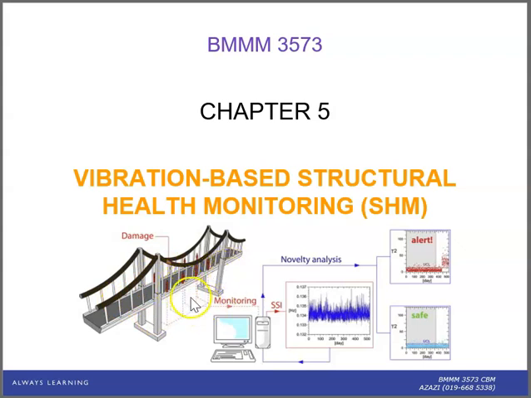So there is a sensor installed in this bridge, and it is connected to the DAQ and through the computer, a specific algorithm analyzes the condition of the rope, whether it is in a safe condition or in an alert condition. So if it is in alert condition, it will notify the local authority either to do the repairing or do the replacement of the rope.